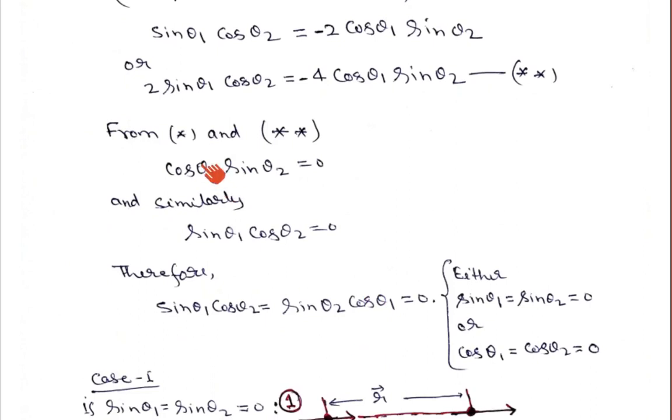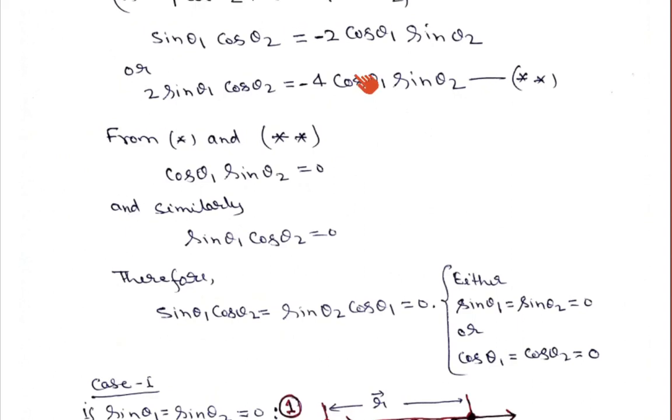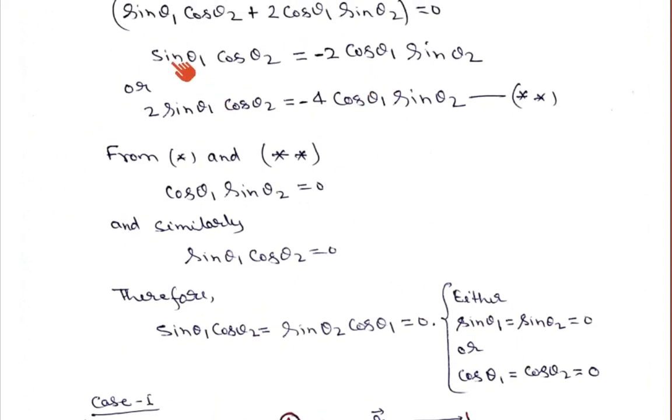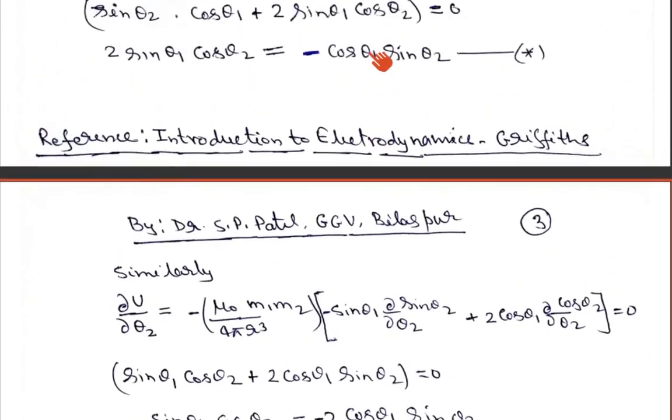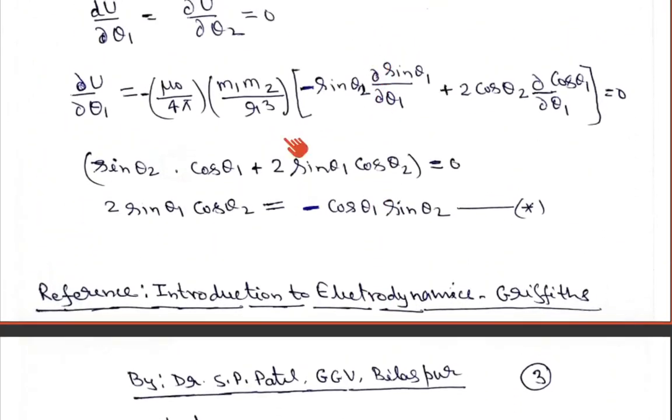so these two equations, that is cos theta 1 into sin theta 2 is equal to 0. Here what I have done, if you see, we have got sin theta 1 cos theta 2 is equal to minus 2 cos theta 1 sin theta 2. This is what we have got. And if you go back to the previous equation, that is star, that was 2 sin theta 1 cos theta 2 is equal to minus cos theta 1 sin theta 2.